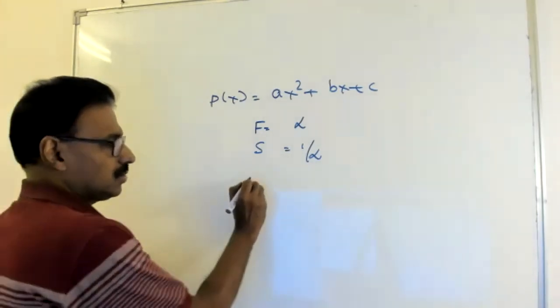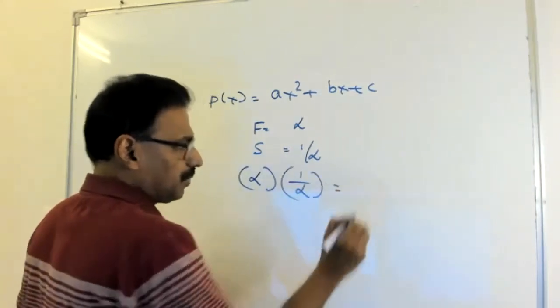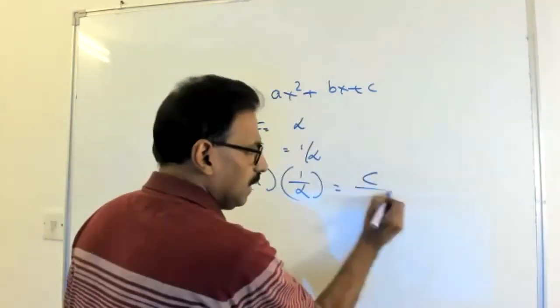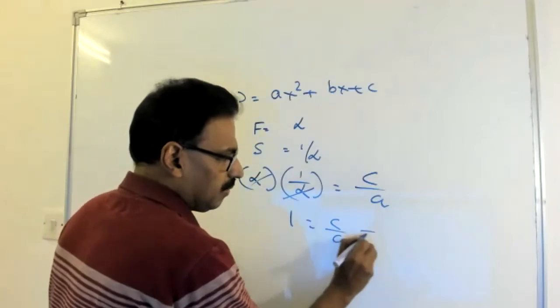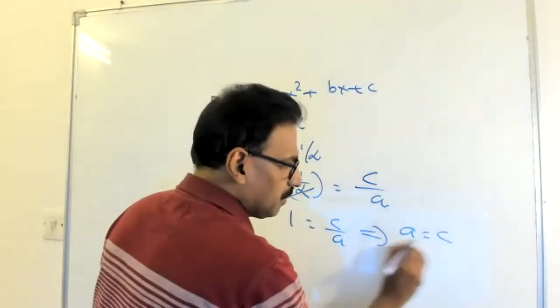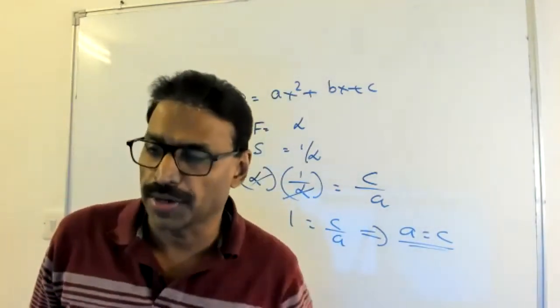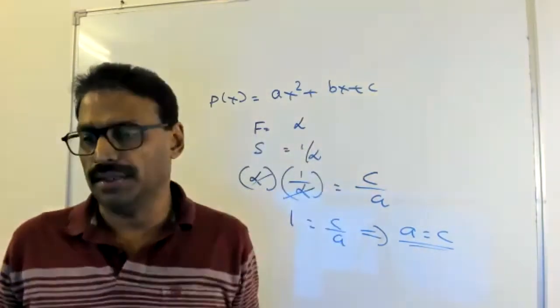So alpha into 1 by alpha, the product, is c by a. Alpha cancels, 1 equals c by a, which implies a equals c. That means if the zeros are reciprocals, the coefficient of x square and the constant term are the same.